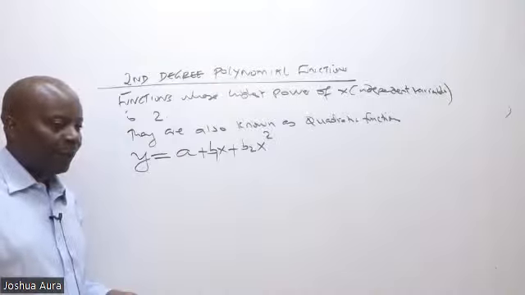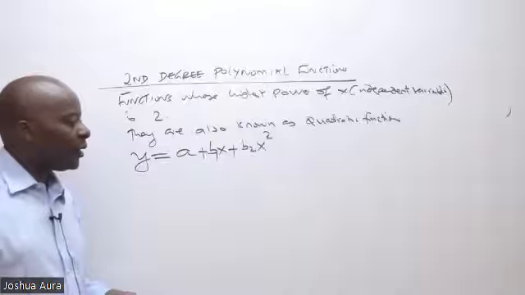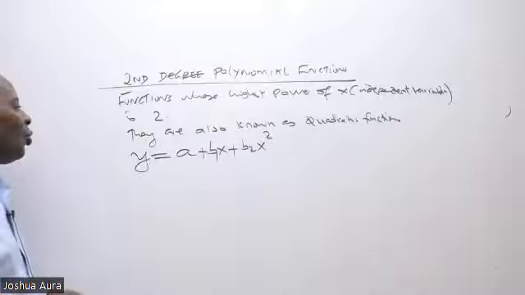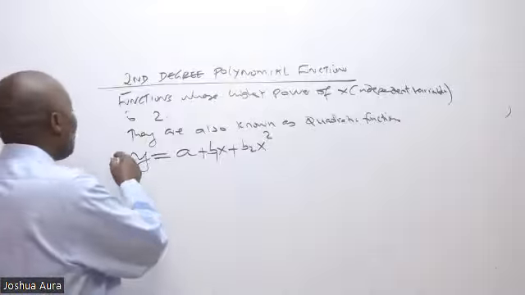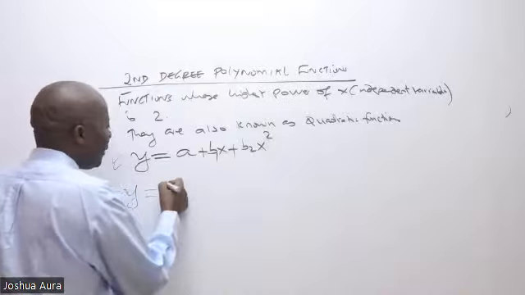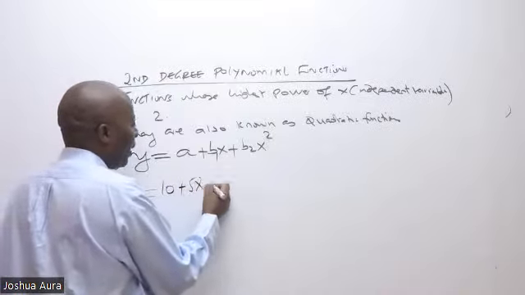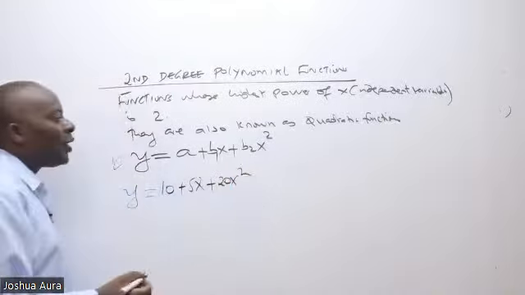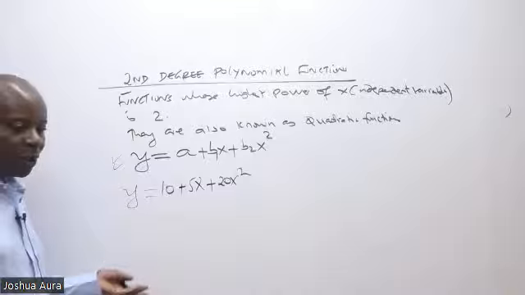Great. So, once you really have this, you would want to see examples. For example, if you're given y equals something like 10 plus 5x plus, for example, 20x squared, then this becomes a very good example of a quadratic function.